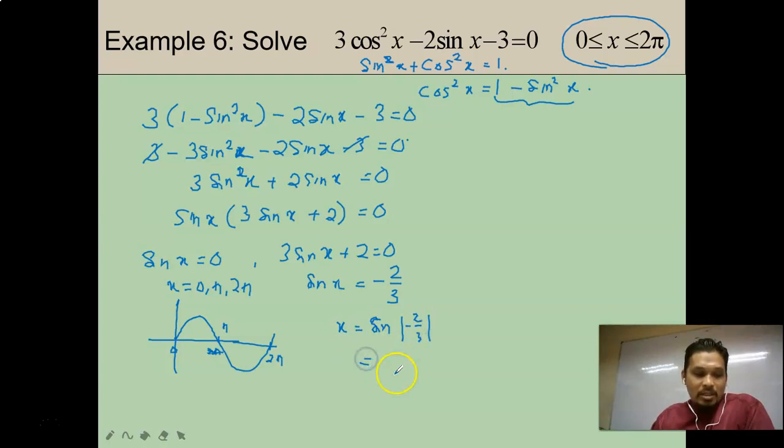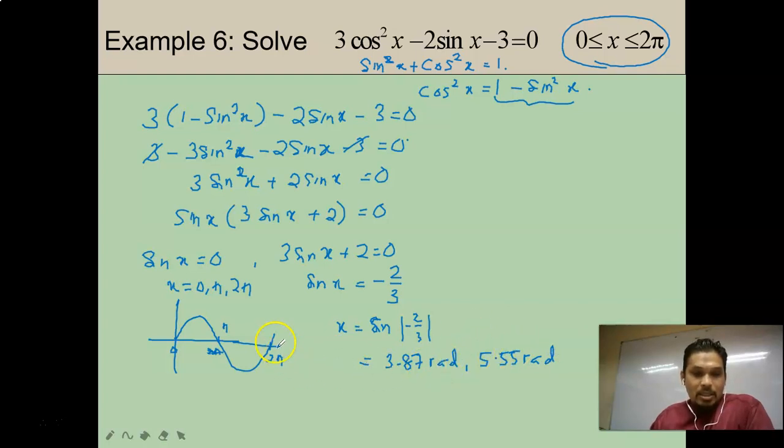And the basic angle of this, we got here, is 3.87 radians. Okay, the answer is given in radians here, and also 5.55 radians.